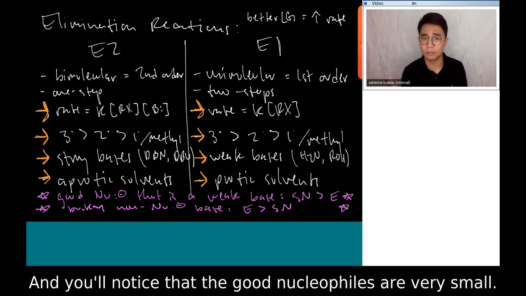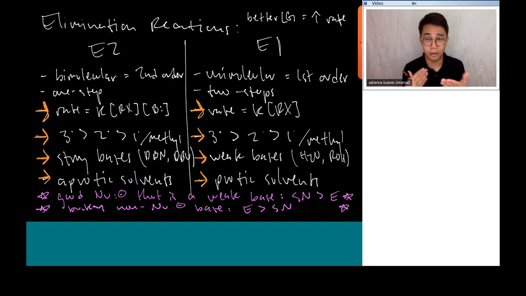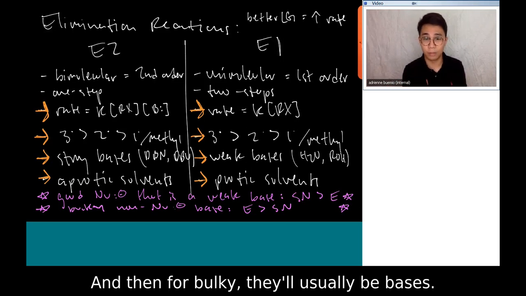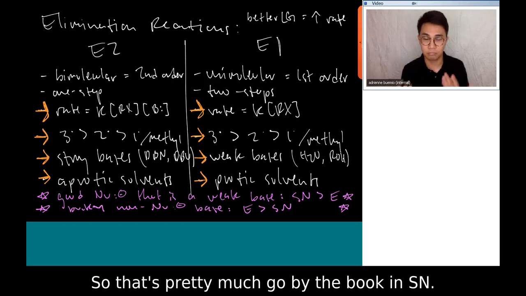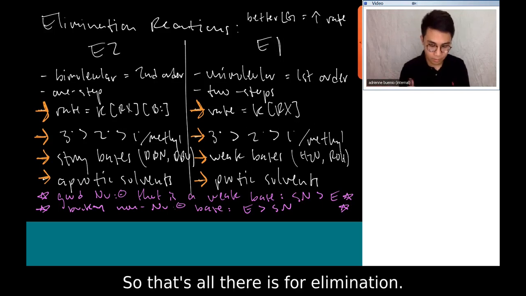You'll notice that the good nucleophiles are very small. They're not bulky at all, and bulky ones are usually bases. So go by the bulkiness and you should be fine. That's all there is for elimination. Nothing too crazy.